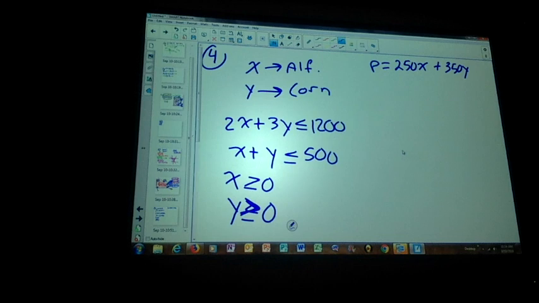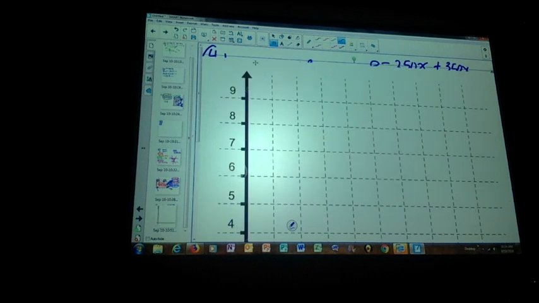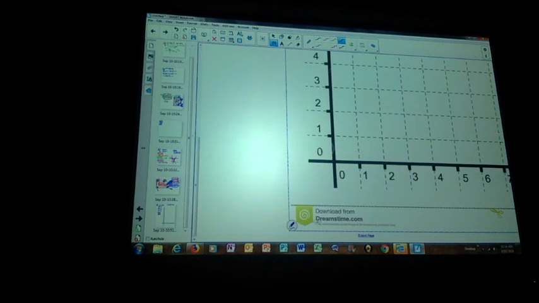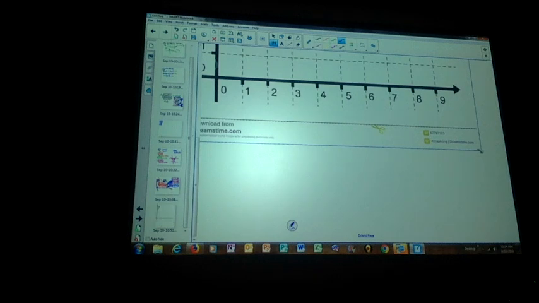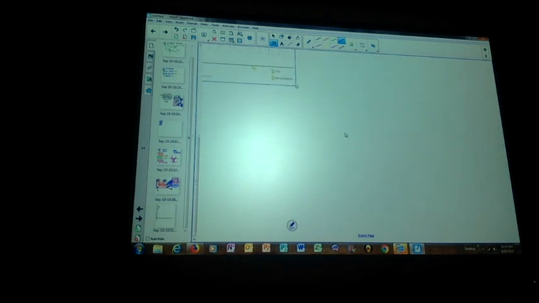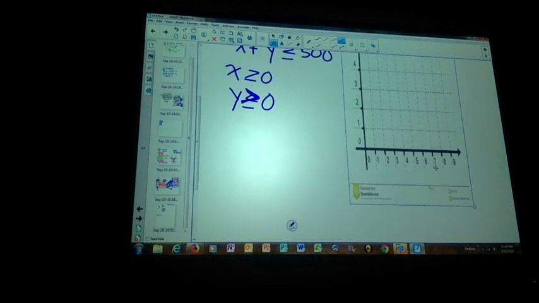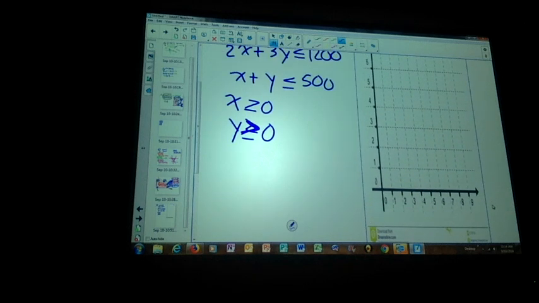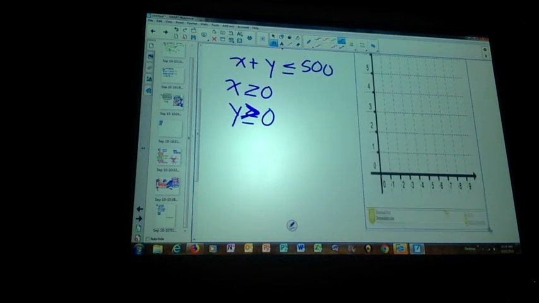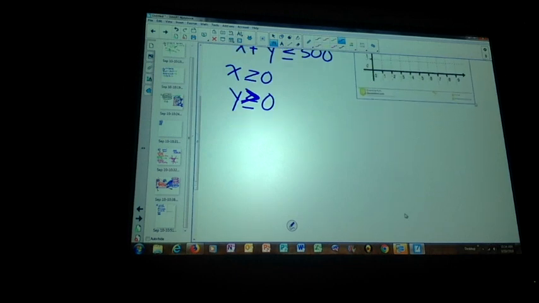Image. Paste. Oh yeah, we made it huge. Let's make it small.